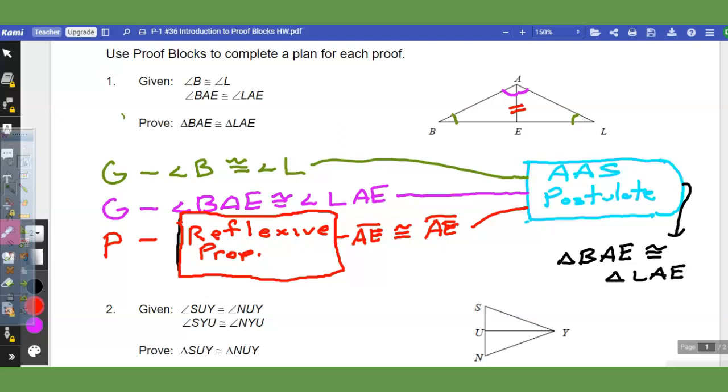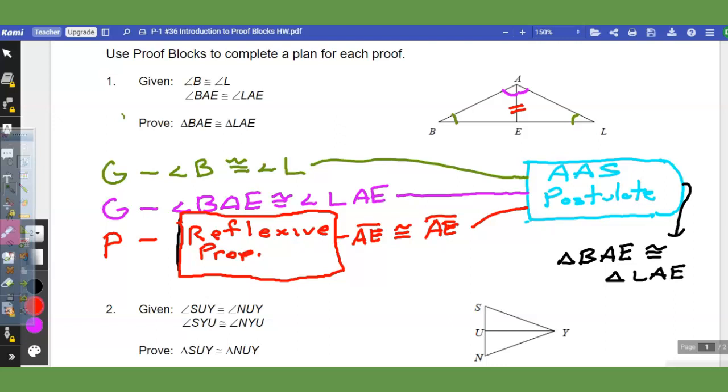Remember that here, they actually should match. What you're proving is your last step at the very end. So use the blocks. Don't cut them out from the paper, but just use them to know what's going in, what should be coming out, and draw all three that go into the three-part triangle congruence theorem or postulate.